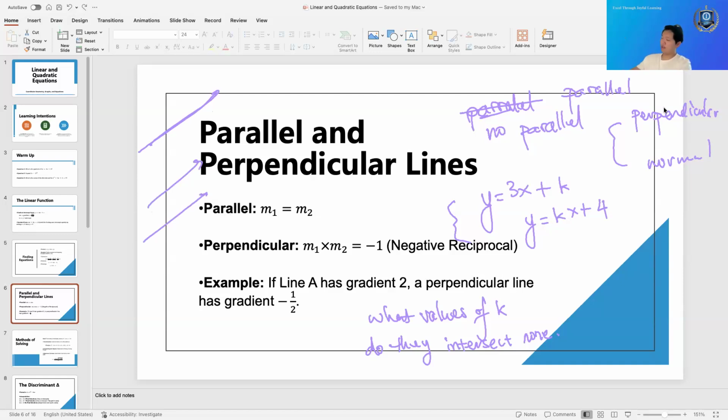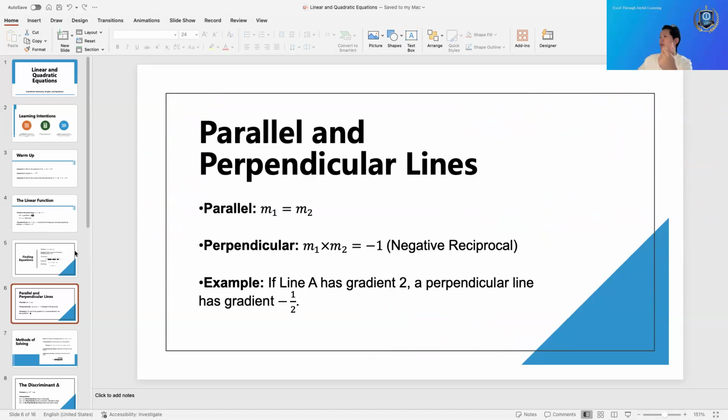To meet the condition of being parallel, our gradients must be the same, so k equals 3. With k equals 3, they're not the same line, because I have y equals 3x plus 3 and y equals 3x plus 4. They are two completely different lines, and therefore that makes sense.